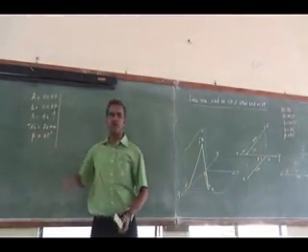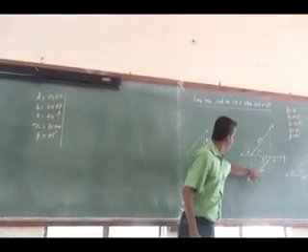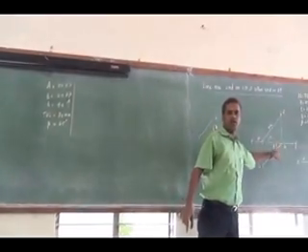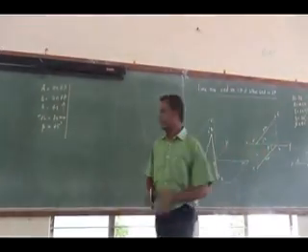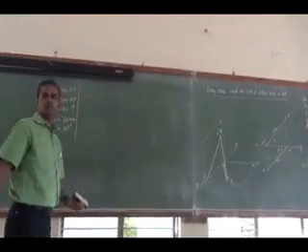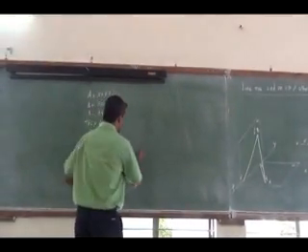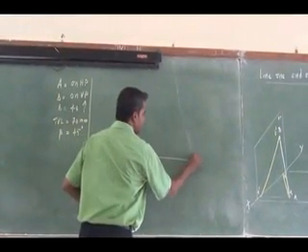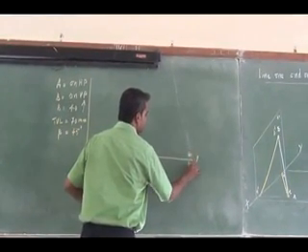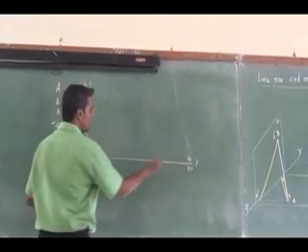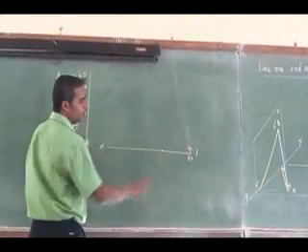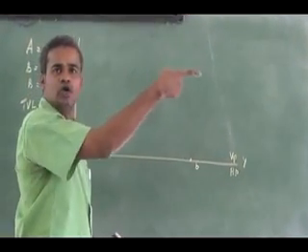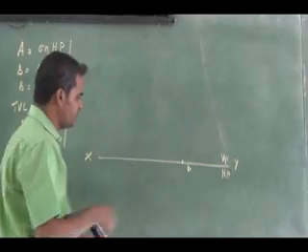Then top view length is given, it is this. And top view angle is given, that is this angle 45. Using this I can draw it. So straight away get the projection. You draw the reference line XY, VP, HP. One end I know is on VP, that is my B. Top view length and top view angle I know, as in the previous one.